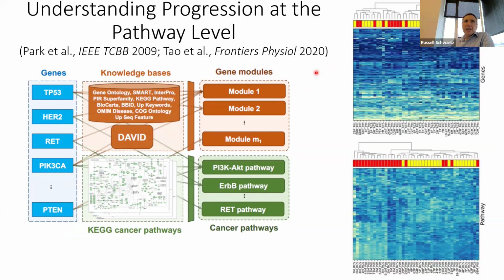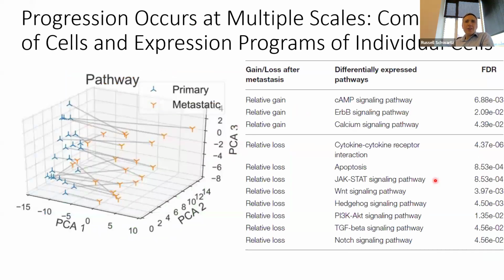But by knowing that genes act in terms of modules and pathways, common regulation for performing common function, by recognizing these gene expression signals as signals of activity or inactivity of different pathways, we can get a much more coherent picture of the evolution and start to reconstruct what's happening in terms of expression evolution, which is in some sense a proxy for functional evolution of cell populations, in this case in cancers, and start to see again some recurring patterns as we go from primary to metastatic tumors, particular kinds of pathways that tend to be differentially activated or deactivated in particular ways for particular kinds of transitions.